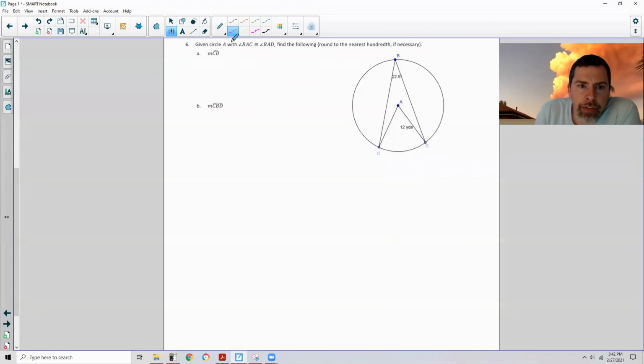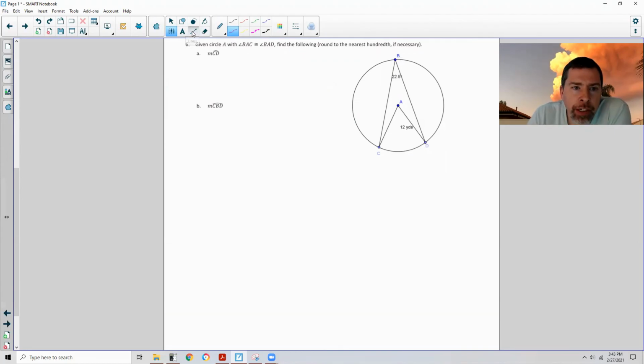Okay, so now it says, given a circle A with angle BAC congruent to angle BAD, find the following, round to the nearest hundredth if necessary. I'm confuzzled. I believe that there might be a misprint here. There is no angle BAC.